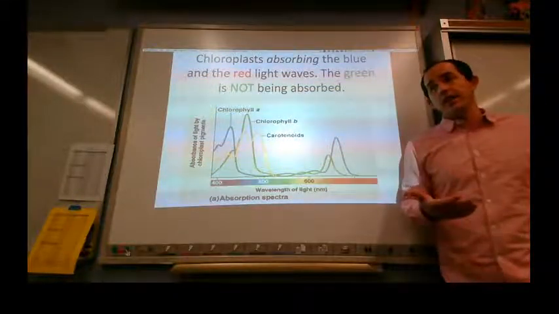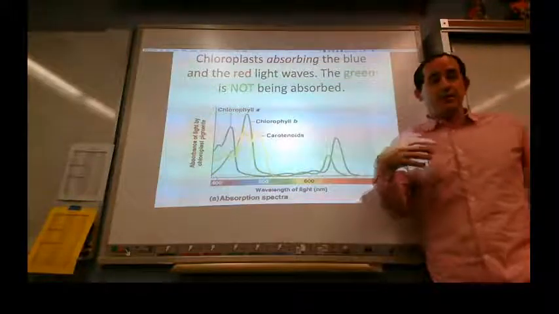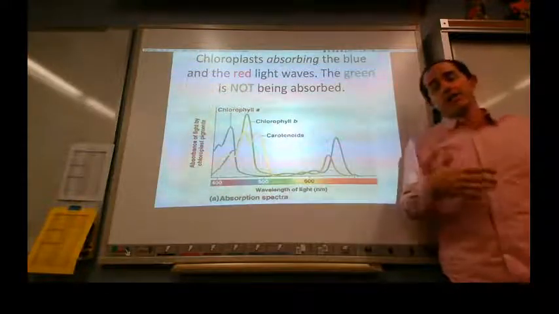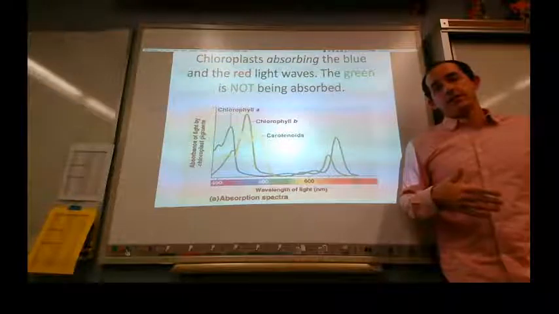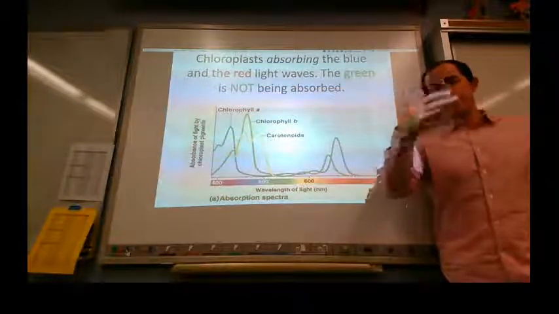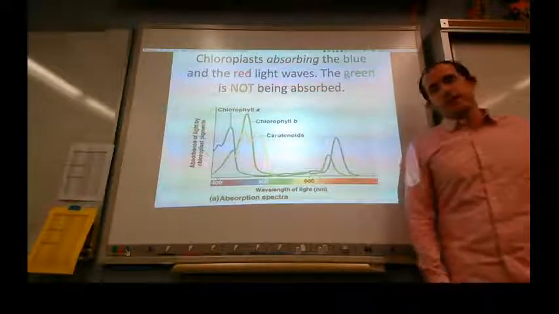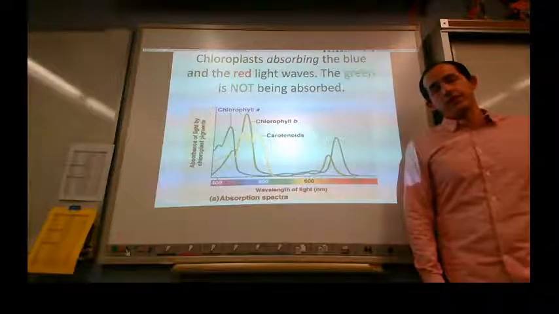We start to see those accessory pigments absorbing and reflecting different colors of light. So the leaves around us go from green and then into red and orange and yellow and ultimately brown as they're totally breaking down and falling off of the trees.